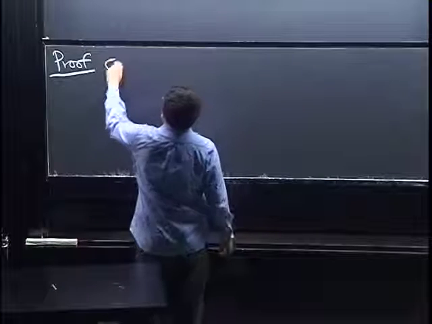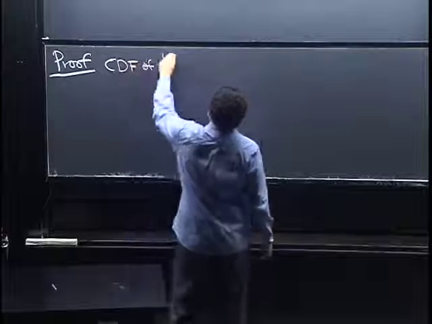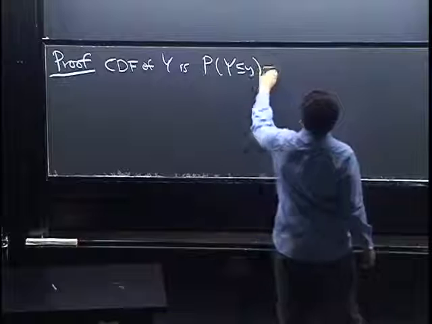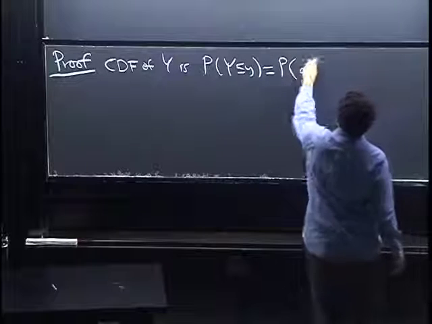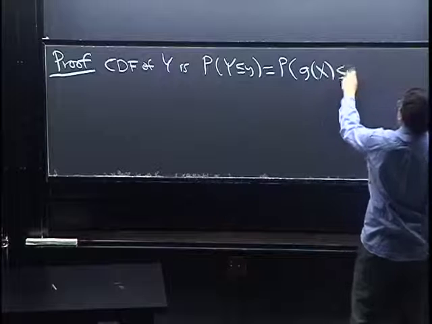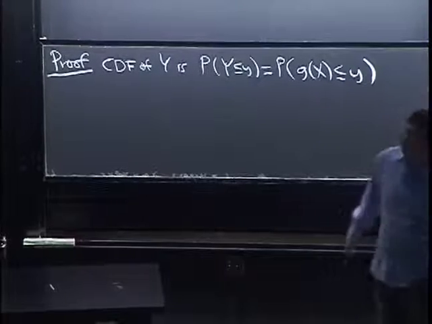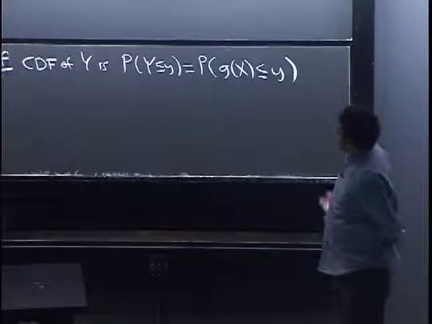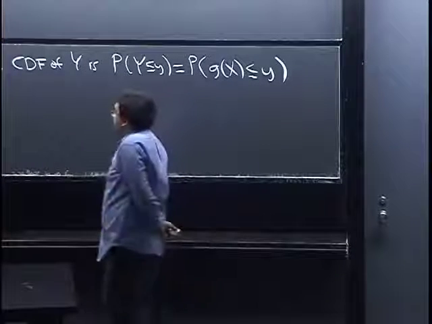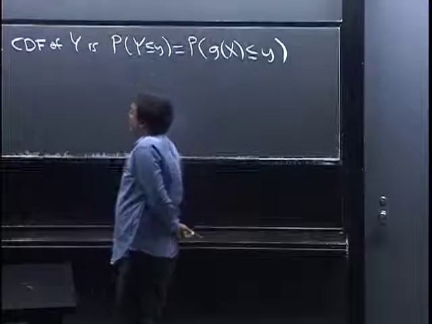The CDF of Y, probability Y less than or equal to little y equals, I'm just going to plug in the definition, g of X less than or equal to little y, right? The derivative of the CDF is the PDF, right?